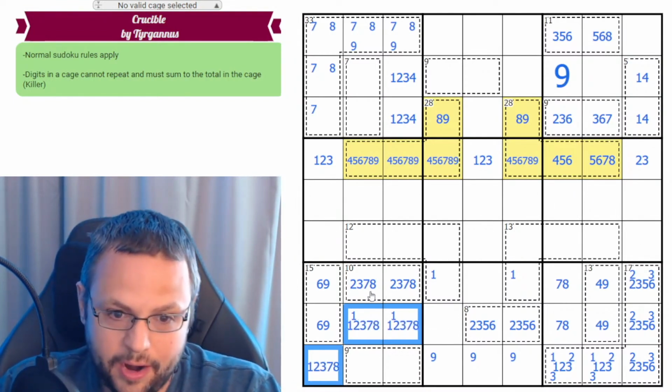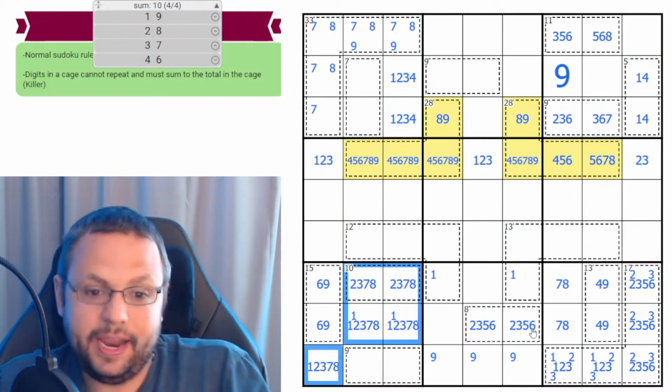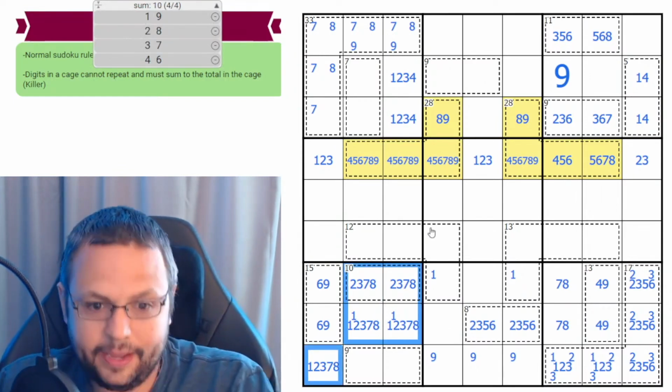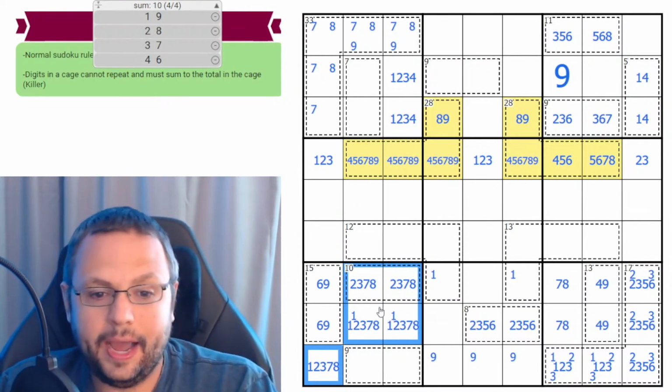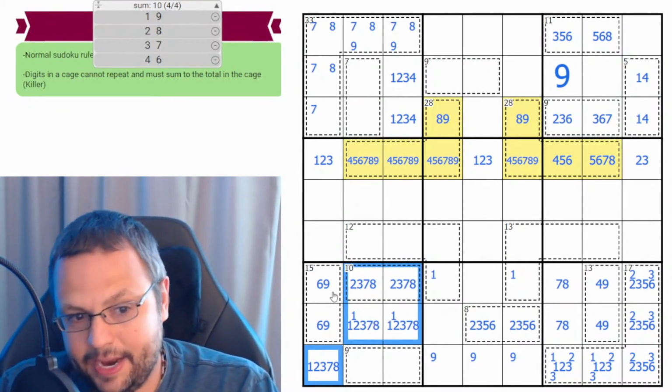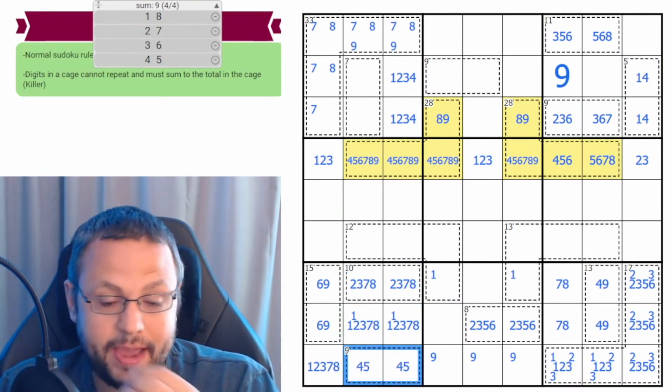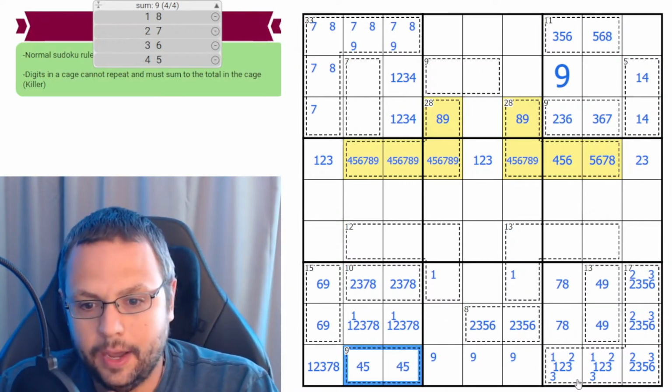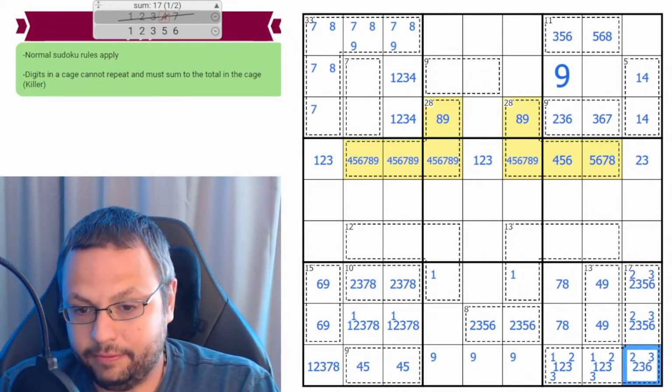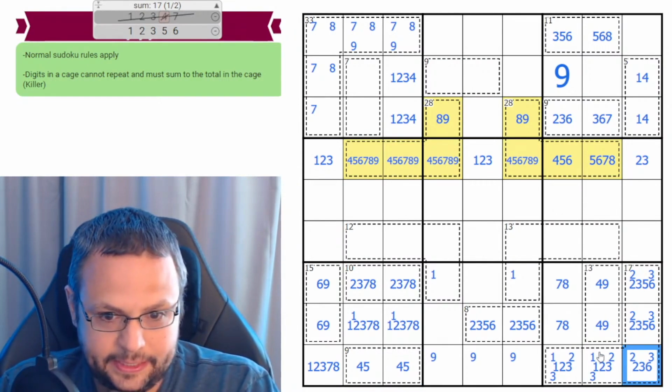So these are, in fact, a 1, 2, 3, 7, 8 quintuple, is how this has to work out. I can't put a 4 or a 5 in a 2-cell 10-sum, and so the 4 and the 5 actually go there, meaning that that's not a 5 at the very least.